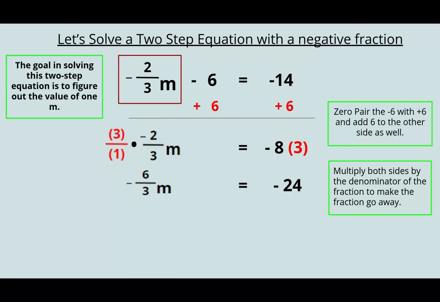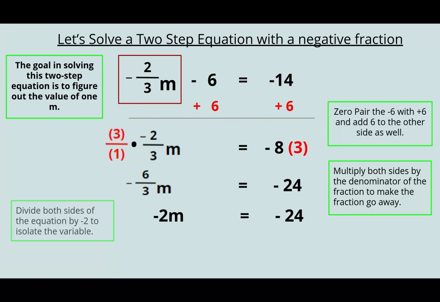So if we go step by step, what's 3 times negative 2? 3 times negative 2 is negative 6. 1 times 3 is 3. So that's negative 6 over 3m equals negative 24. That's going to leave me with negative 2m equals negative 24. And then I need to divide both sides by negative 2 because I want to isolate the variable.